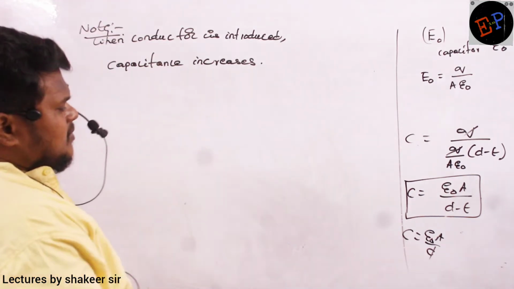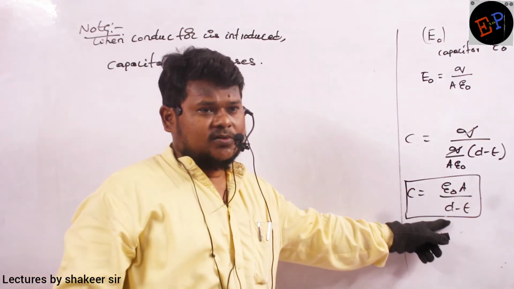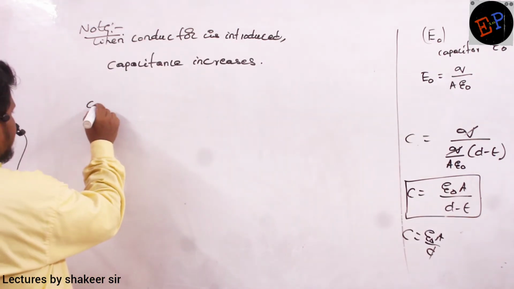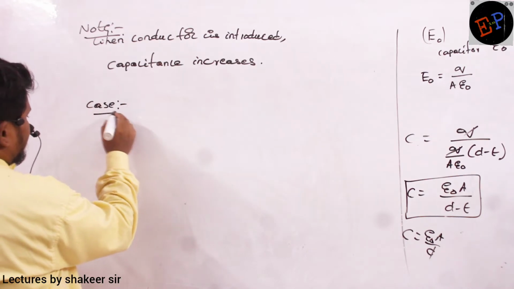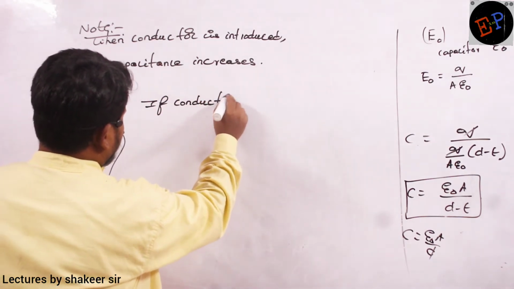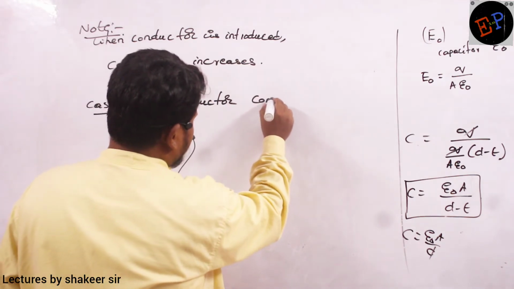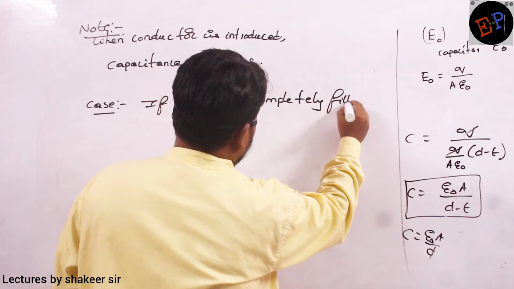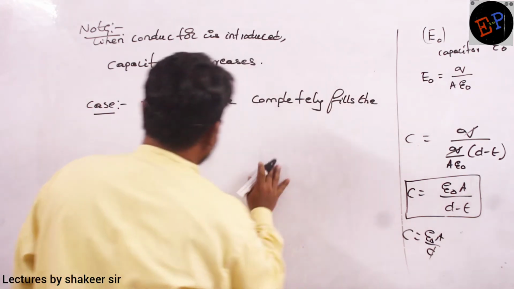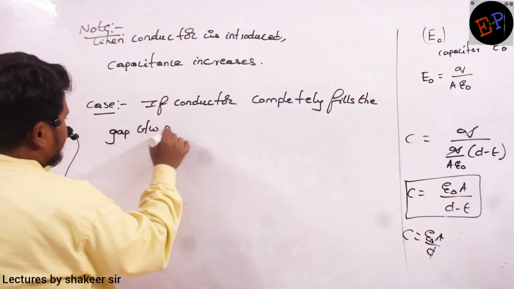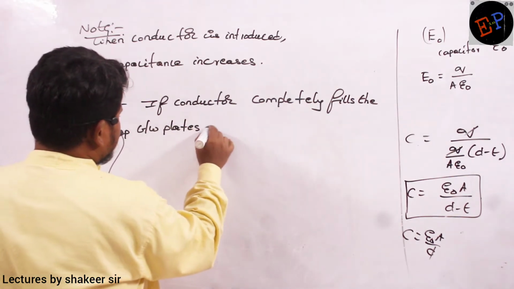Okay, because the denominator has reduced, so total capacitance increases. Okay, now I will write one case. The case is that if the conductor completely fills the gap between the plates of the capacitor. Now can you say what happens?